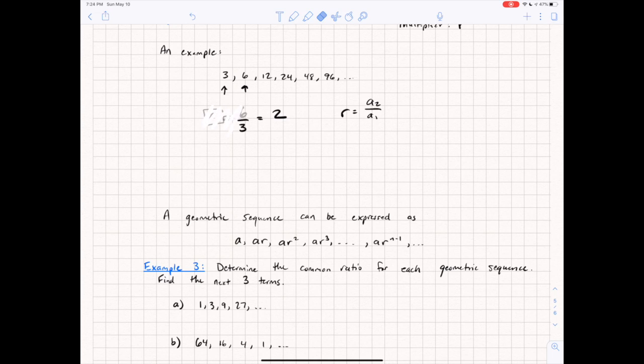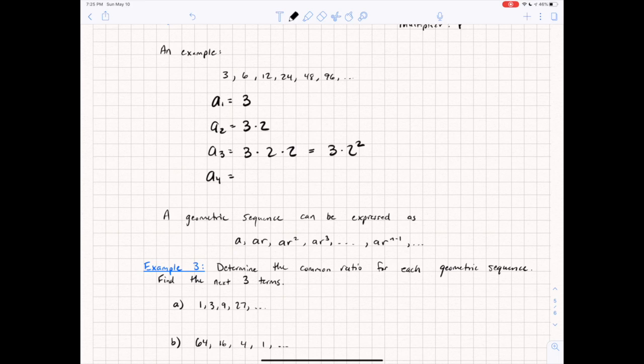To help show you this, using the previous example, my first term here, A1, is just 3. My second term is found by doing 3 times 2. The third term is found by doing 3 times 2 times 2, which is 3 times 2 squared.